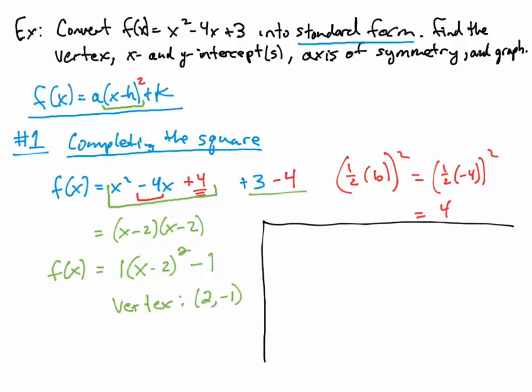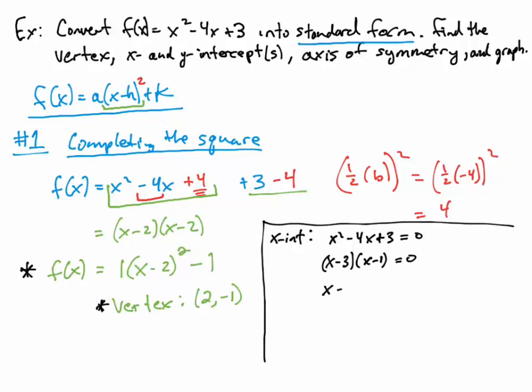So back to the previous slide, we have the function in standard form. We have the vertex. We need to find the x-intercept. So to find the x-intercept, what we do is we take the function x squared minus 4x plus 3, and we set that equal to 0. We can solve this by factoring, x minus 3 times x minus 1, and then using the zero product property.